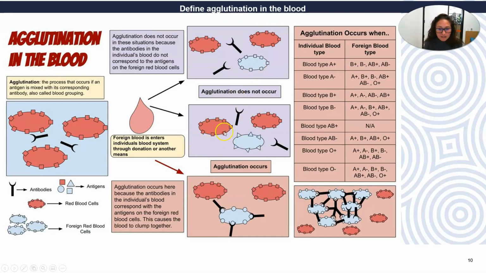If you have this situation, okay, let's have a look at this. This person has these type of red blood cells. The antibodies are designed to stick onto the circles. We give them that blood cell, happy days. It will not be attacked. But let's have a look if we give this person this type of red blood cell, and look, the antibodies in their plasma will bind to that red blood cell.